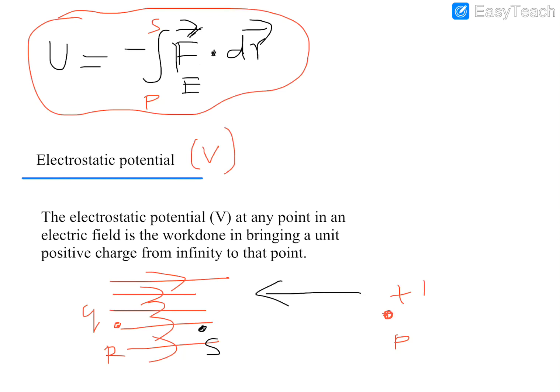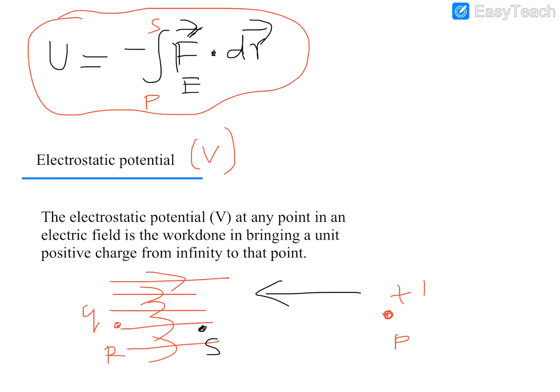U means potential energy, that is for a charge Q. If you bring a charge Q from infinity to S, then the work done is stored as potential energy U. But if instead of Q you are bringing a plus 1 charge, then the work done is called the potential.